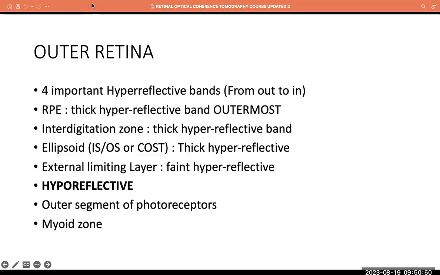The hyper reflective bands are meant to appear as white on that grayscale, while the hypo are meant to appear dark or black on that grayscale. As we go through it, I'll tell you the importance of each of the lines so that if you're seeing a patient and you're looking out for those lines, you would know what would affect prognosis in the patient. So next slide.